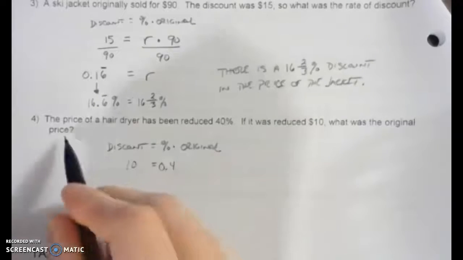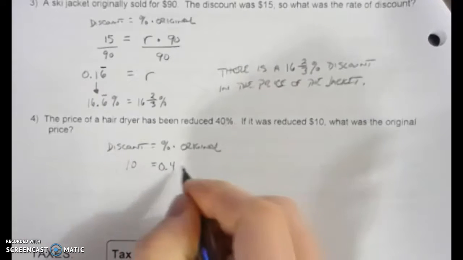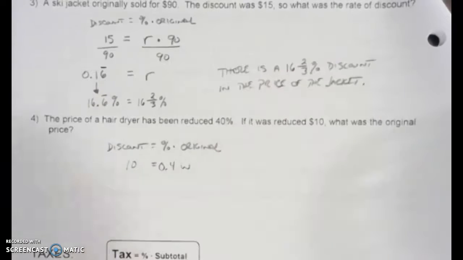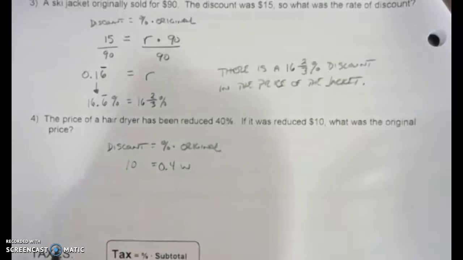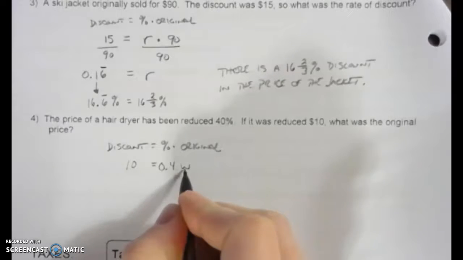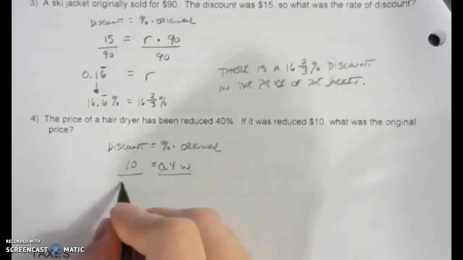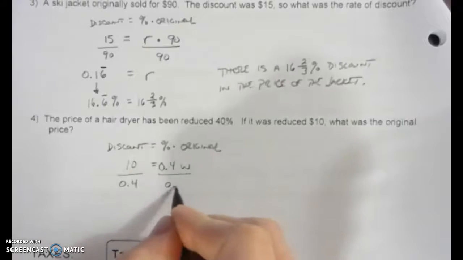And they want to know what was the original price. So I'm going to use the variable W because we want to know what the whole original price was. So we have 10 equals 4/10 times W. To get the original price W, all you're going to do is divide each side by 4/10.